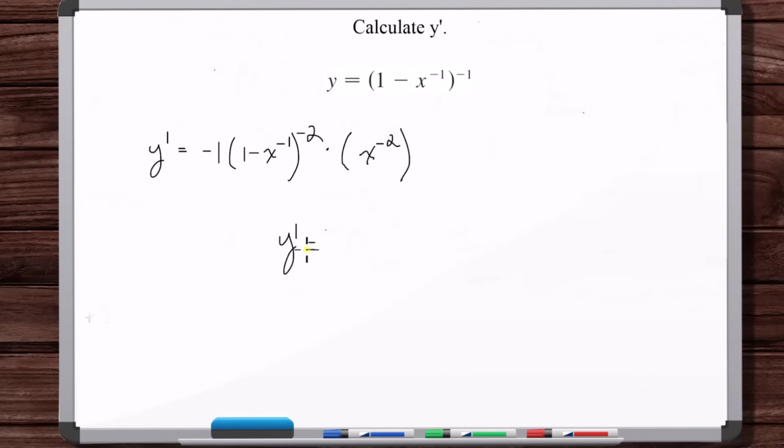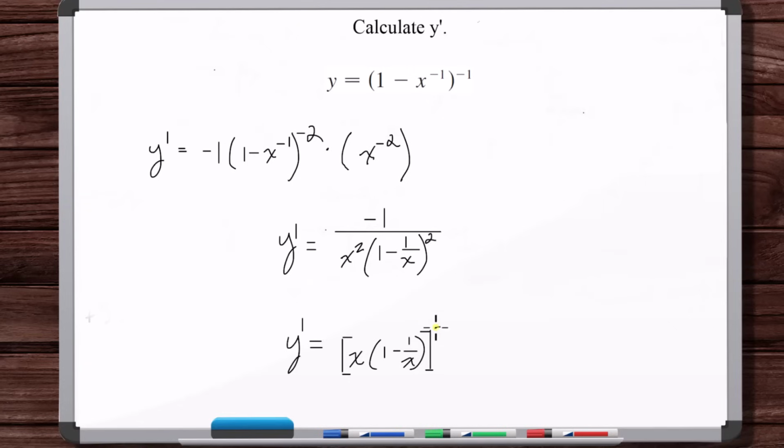Okay, so y prime is equal to, we've got x squared 1 minus 1 over x squared. And then we can actually simplify this a little bit more. We can say x 1 minus 1 over x squared.